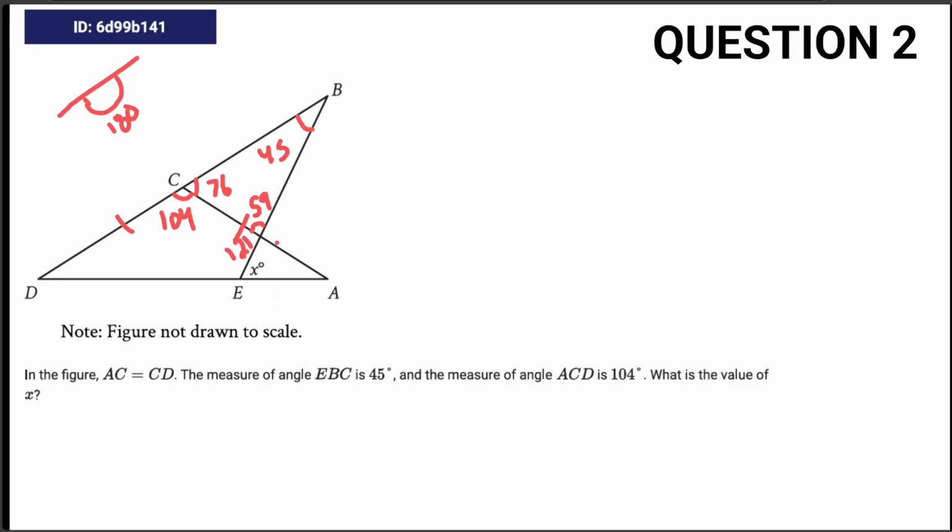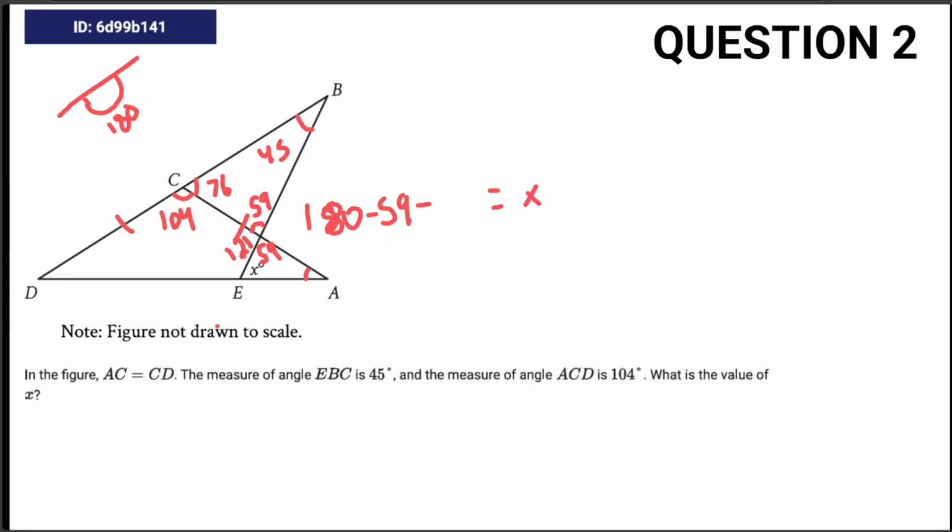We're getting close. We also know that to find this angle right here, 59 would be an opposite angle. So to find X, if we just find the value here, we can do 180 minus 59 minus that value is equal to X.